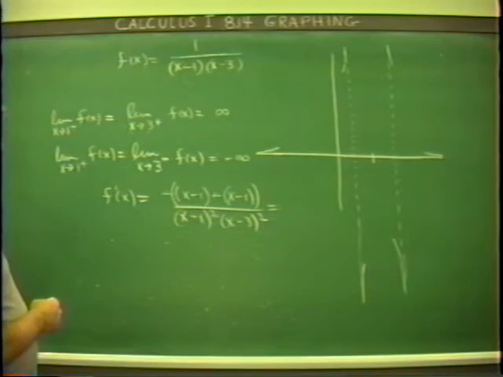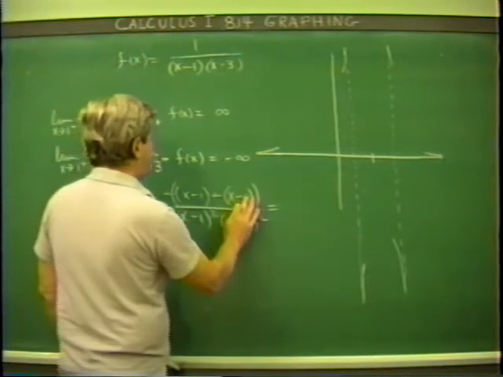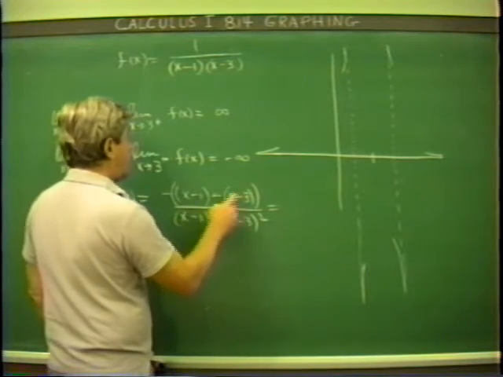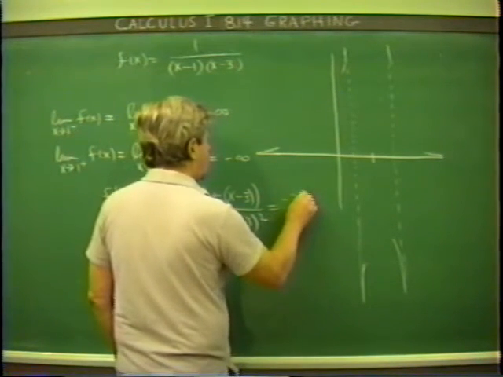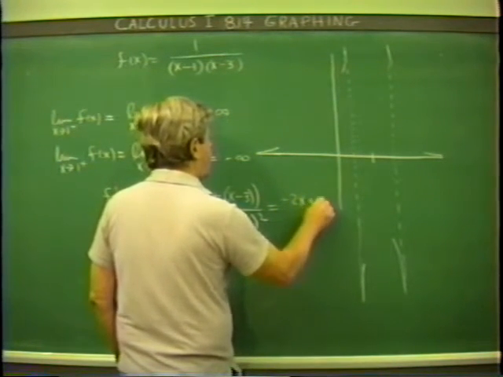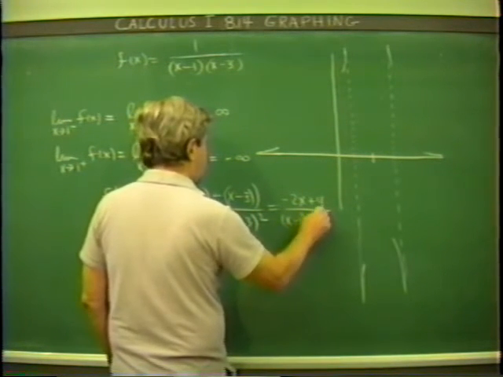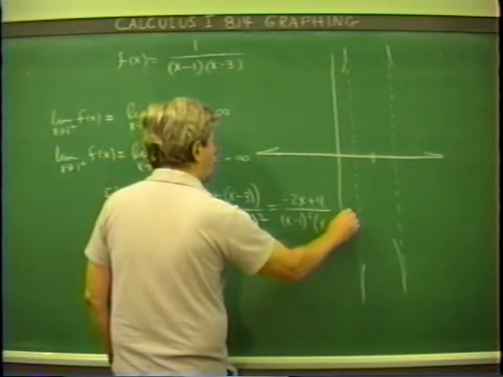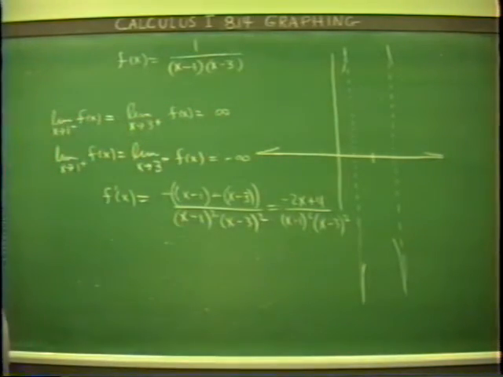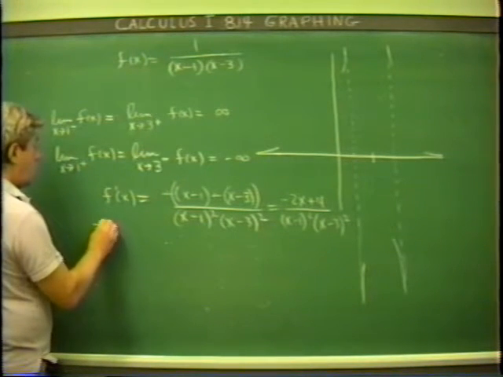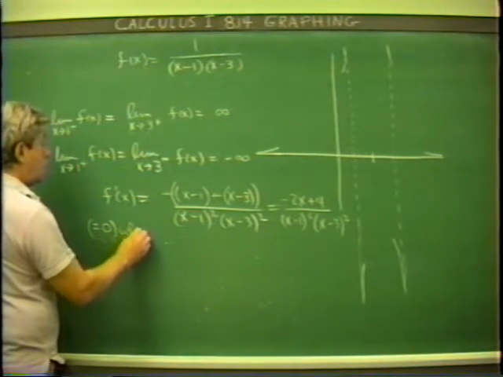So this is going to be equal to, what have we got here? 2x minus 2. Oh, this should be x minus 3. 2x minus 4. So we have minus 2x plus 4 over (x minus 1) squared times (x minus 3) squared.